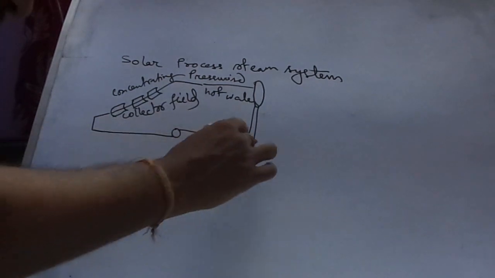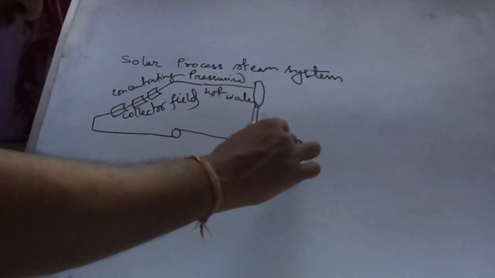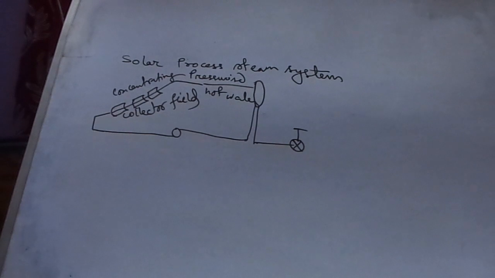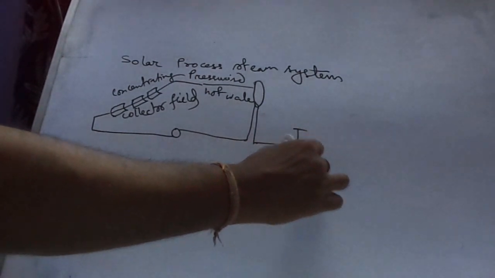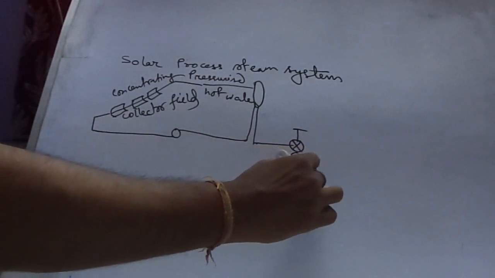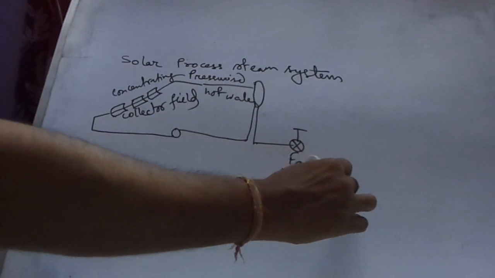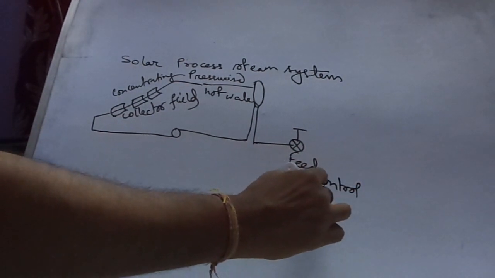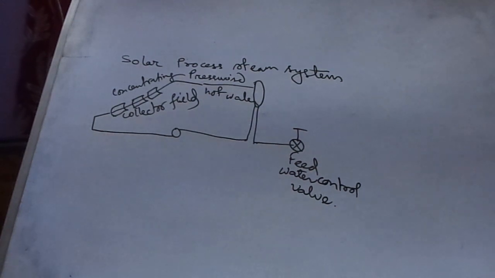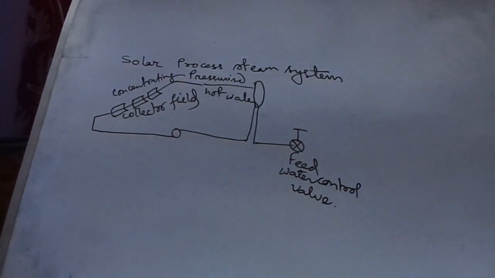There are two lines and one valve. This one is the feed water control valve, and another is the feed water line.